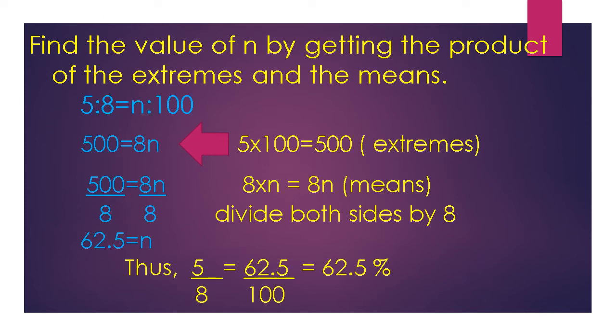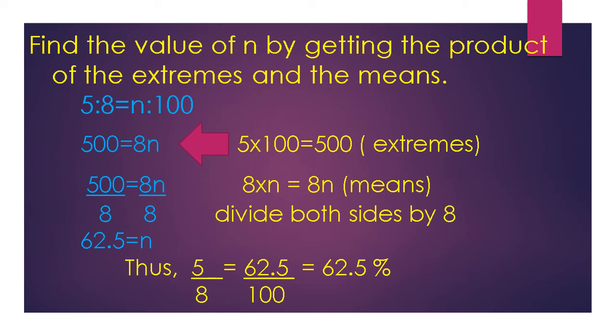Now, we are going to multiply the extremes and we will multiply also the means. So the extremes is 5 times 100 is equal to 500. And the means is 8 times n is equal to 8n. So 8n is the means.